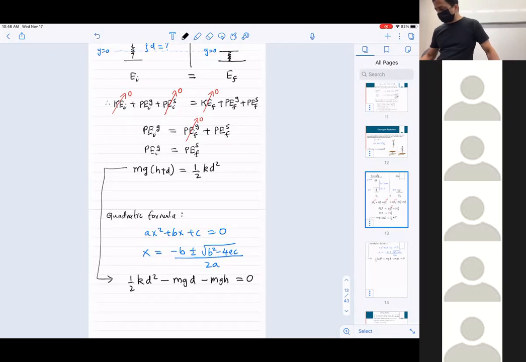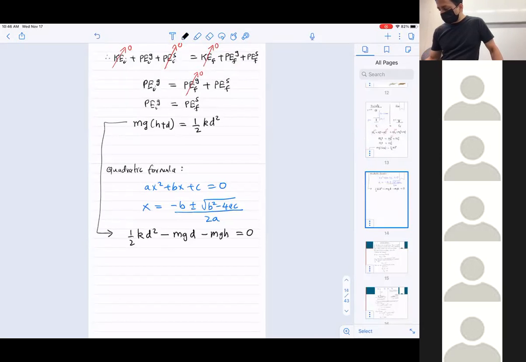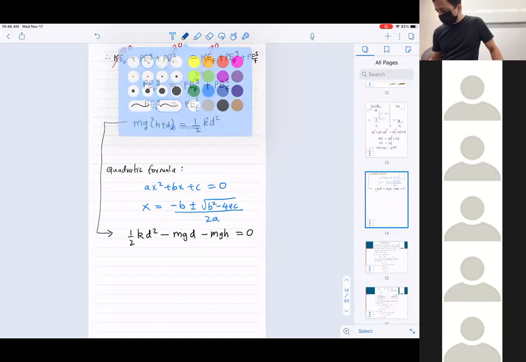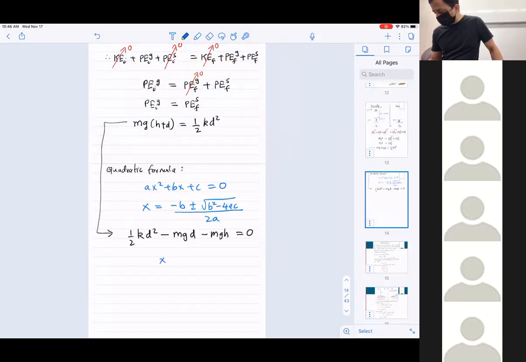So the dictionary here is that the x variable here is like the d variable that we're solving for. And so if I just do a comparison here, your x here is synonymous with d. The a here will be 1/2 k. The b here will be minus mg. And then the c here will be minus mgh.